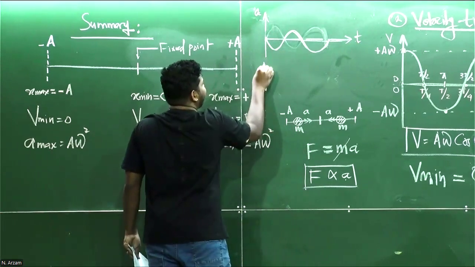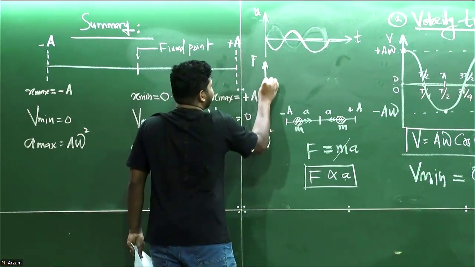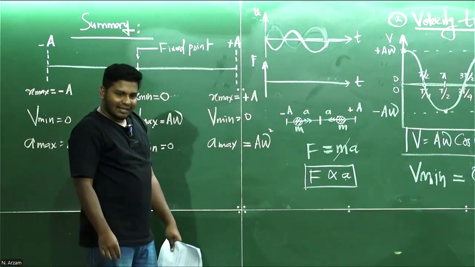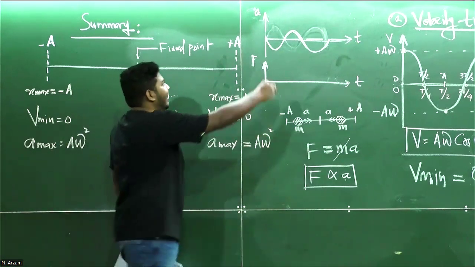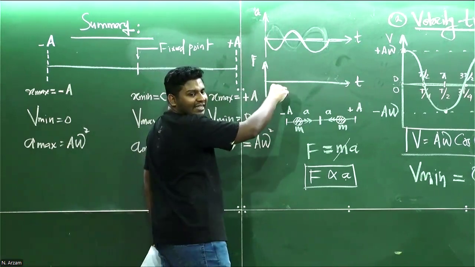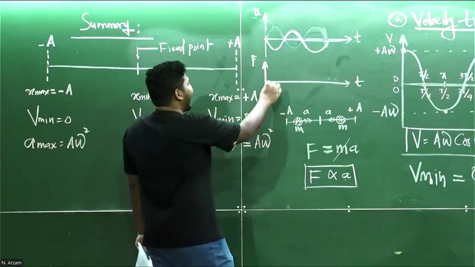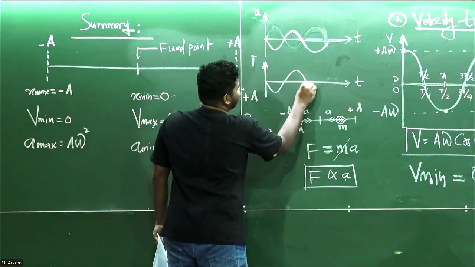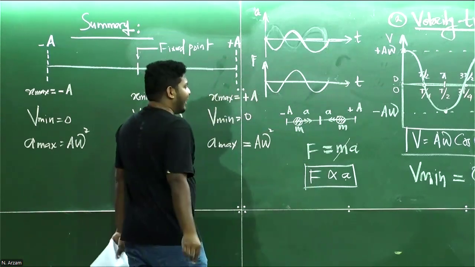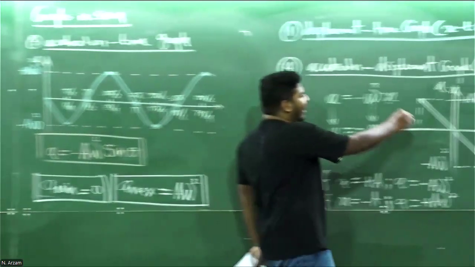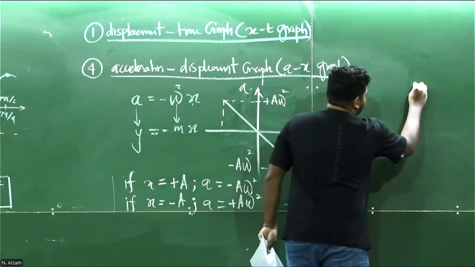What about the ft graph? Is it the same? Why? If a increases, force increases. If a decreases, force decreases. So the ft graph also looks the same. If the ax graph looks like this, what about the ft graph?